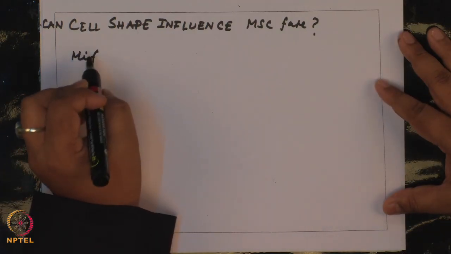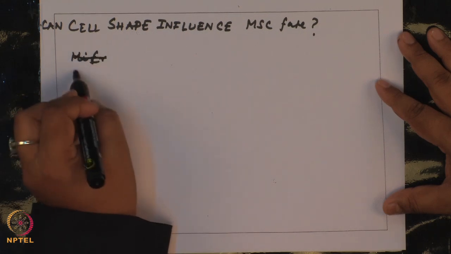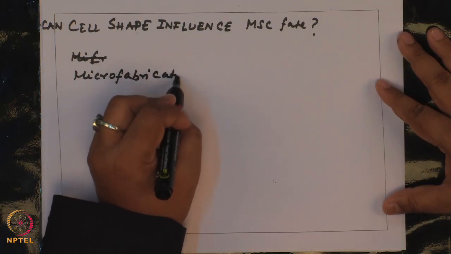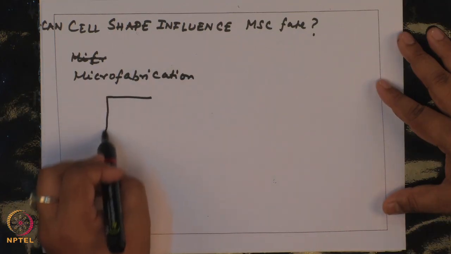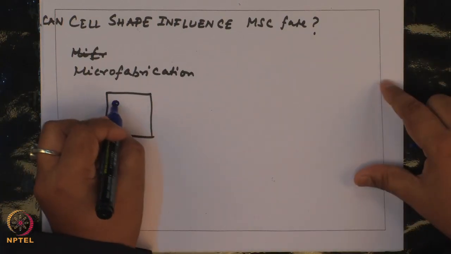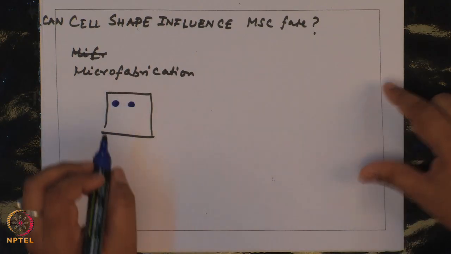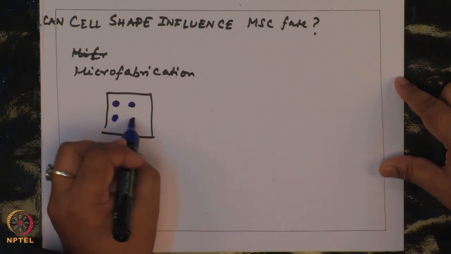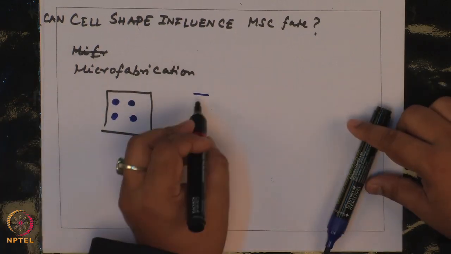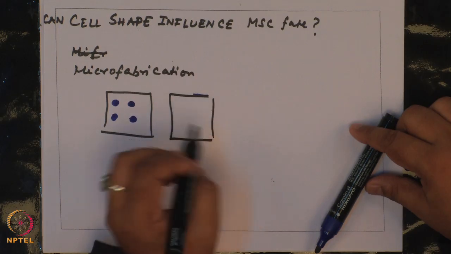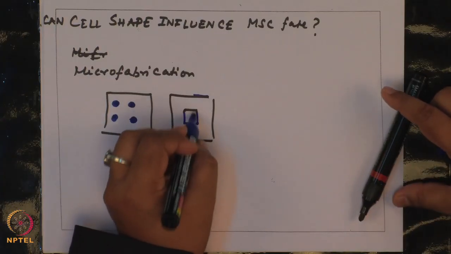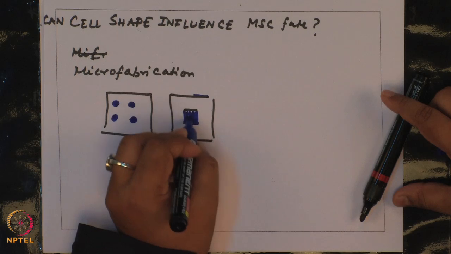And what you have in microfabrication is that, in a background of surface, you can pattern. You have seen what microfabrication is earlier in the context of focal adhesions. You can pattern these islands either with very small dots, or you can make these square patterns with bigger area.